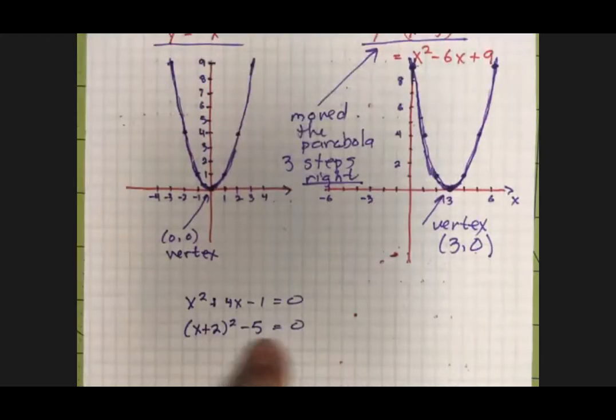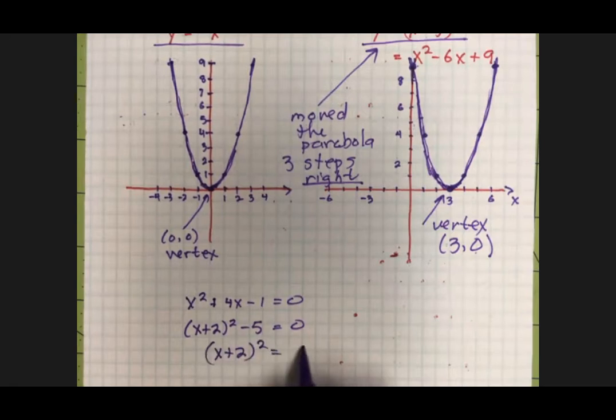How would I solve that? Square root method. (x plus 2) squared is equal to 5. Square root both sides. x plus 2 is plus or minus root 5. So x is -2 plus root 5, or x is -2 minus root 5.